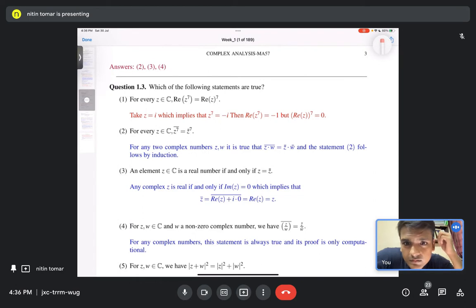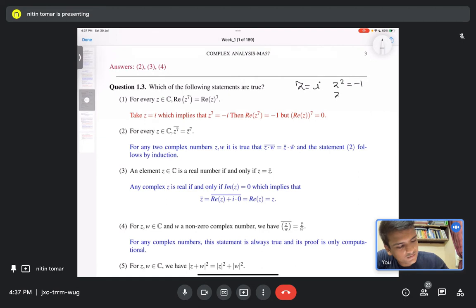Oh, have I done something? Just a minute. No, no. I think this should be okay. What is z? If you take z equal to iota, what is z square? It is minus 1.